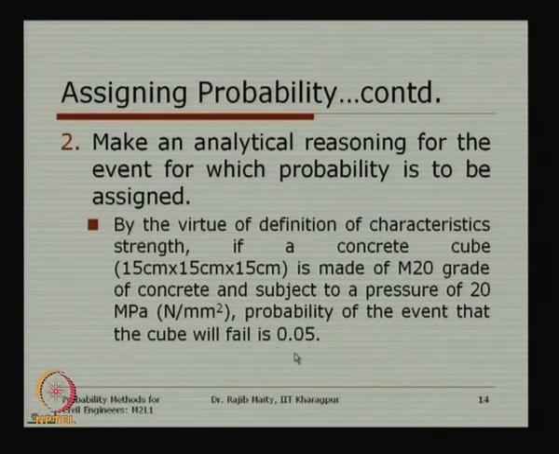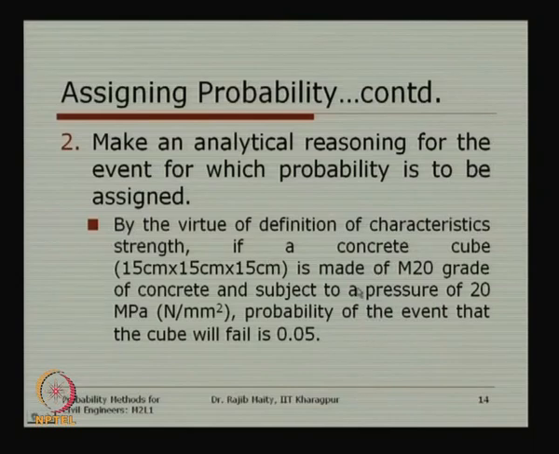Now, where this 0.05 comes from lies in the definition of characteristic strength. It means the strength at which I can assure that the failure of that concrete cube will not exceed 5%.